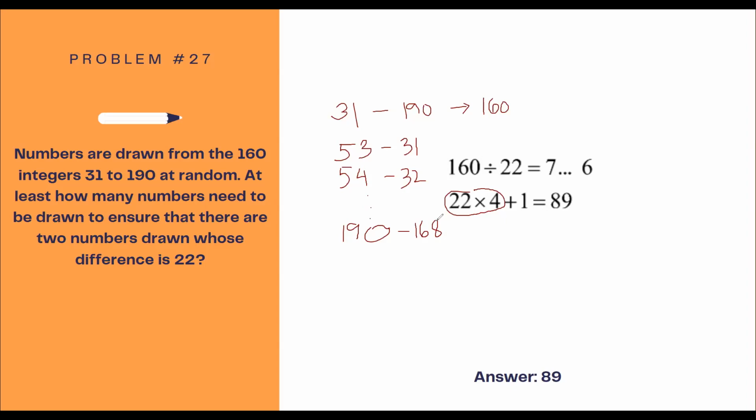So for this one, you can simply count up the numbers, or since we're looking for the at least how many numbers need to be drawn to ensure that there are two numbers drawn whose difference is 22. And 87.